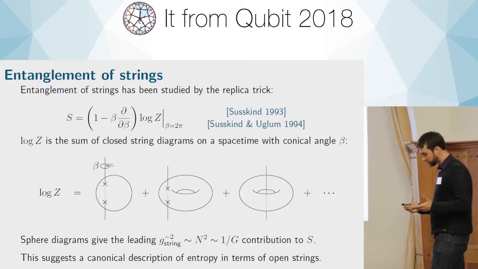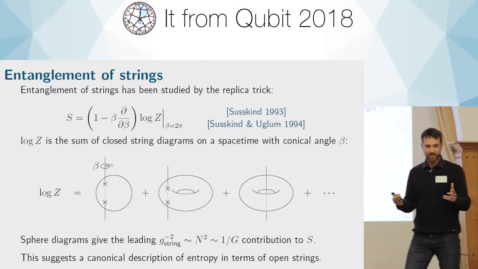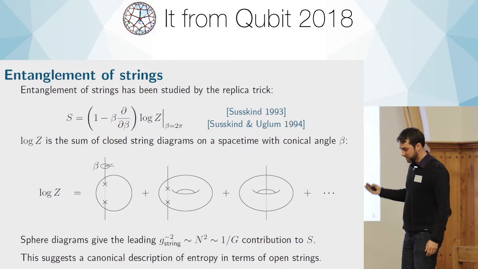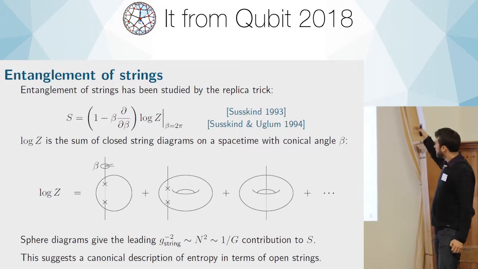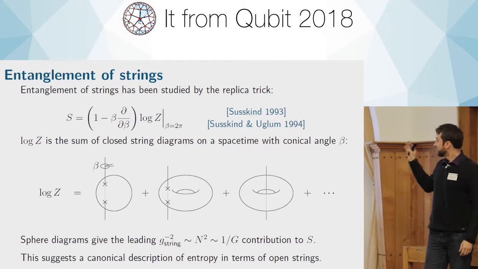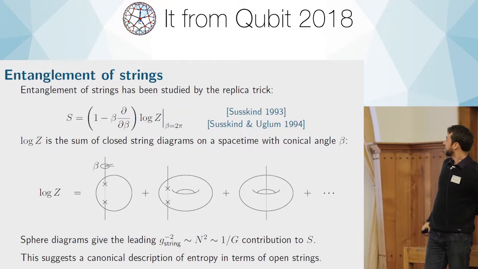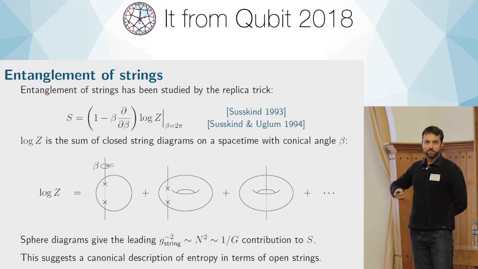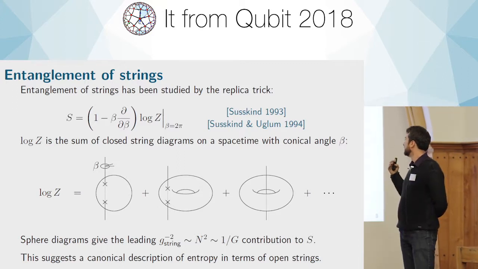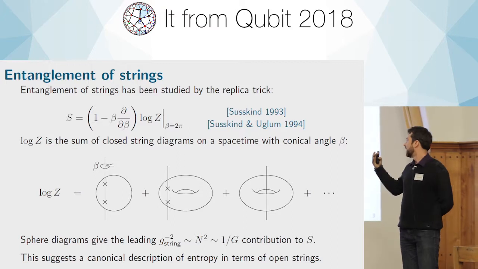Okay, so what do we expect from entanglement in a string theory? This question was asked near the dawn of recorded history in '93 by Susskind and Uglum. And they just did maybe the first thing that you might try to do. They did the replica trick on a plane.